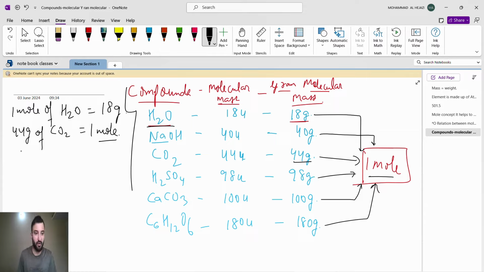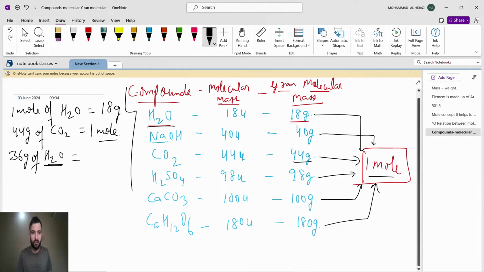If I tell you 36 gram of H2O, what will you do? Very first step is you will find the molecular mass of H2O. Once you find it, you will see that the molecular mass of H2O is 18. So they have asked about 36; 1 mole is 18 gram, so 36 means 2 mole.